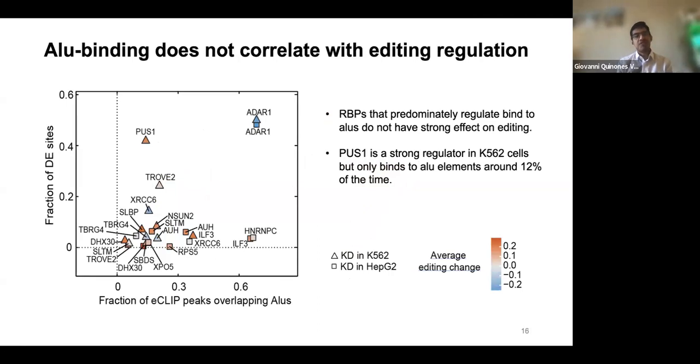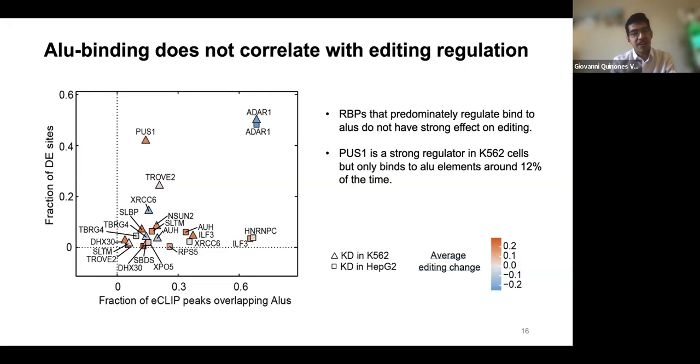Now, as I mentioned before, double-stranded structures mainly formed by inverted Alu sequences are the primary targets for RNA editing. So the question is, do RBPs that frequently bind to Alus, are they strong regulators of RNA editing?